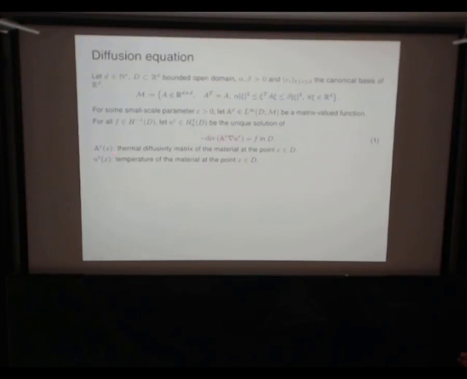Okay, so A epsilon is typically, in this case, now in the scalar case, when u is a scalar, a thermal diffusivity matrix of the material. And u epsilon can be interpreted as the temperature, for instance.